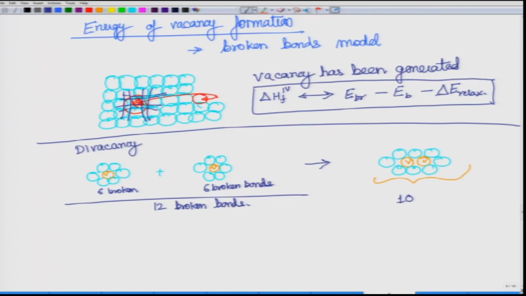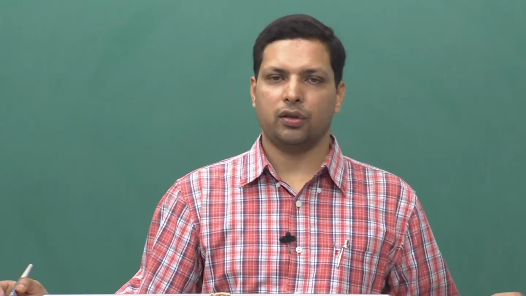So, there are 10 broken bonds at this site. So, there is a large amount of difference here. Okay, so, like I said, there are 12 broken bonds here and 10 broken bonds there, and how this leads to the concentration difference between di vacancy and mono vacancy, we will discuss in the next lecture. Thank you.